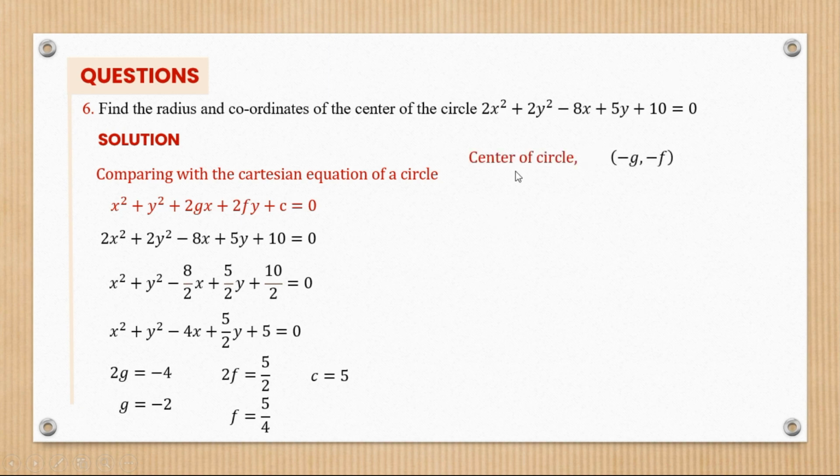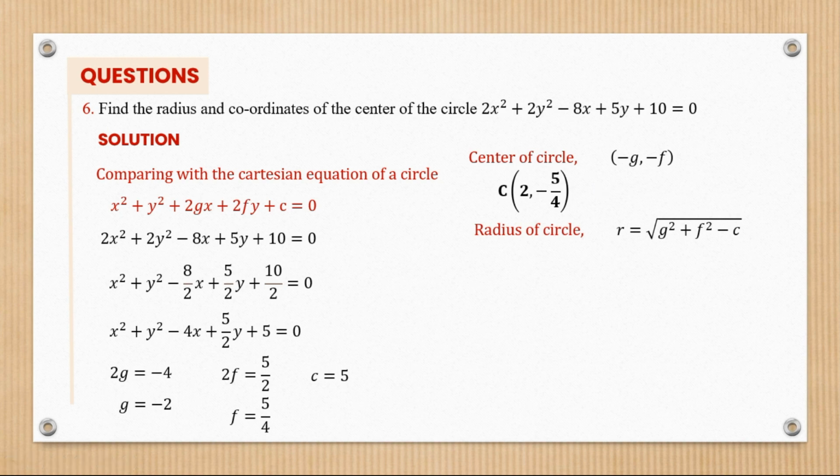So remember, the center of the circle shall be (-g, -f), which is what we represent as (a, b). So negative g shall be 2, and then negative f shall be equal to negative 5 over 4. And these are the coordinates of the center of the circle.